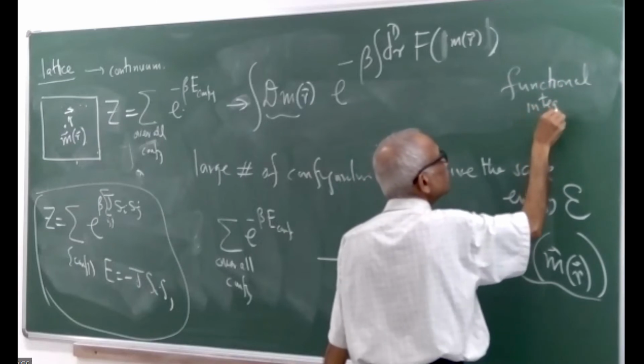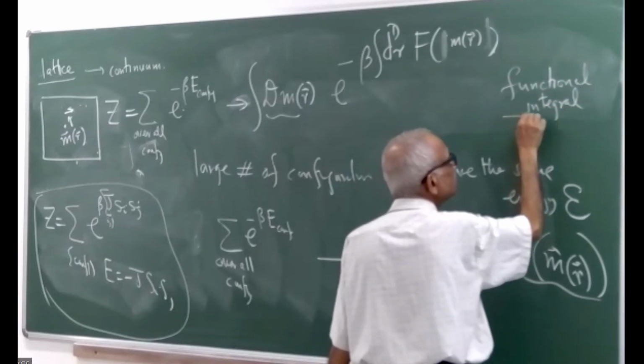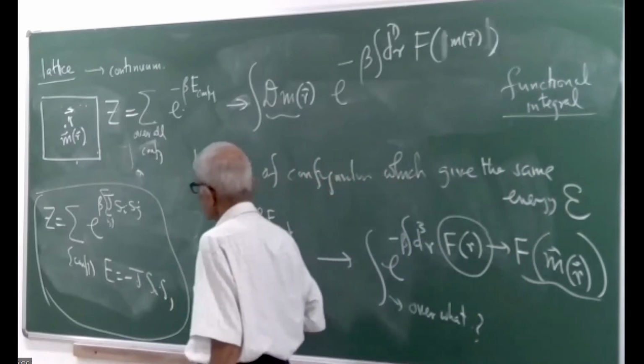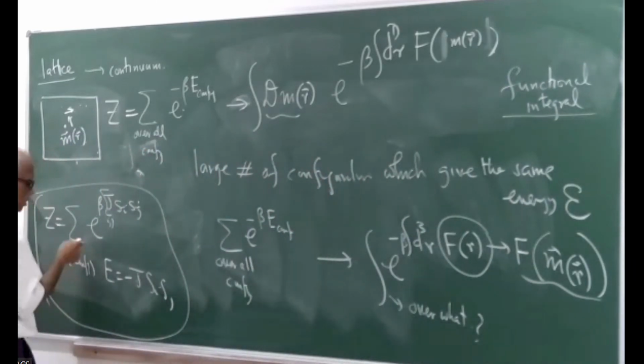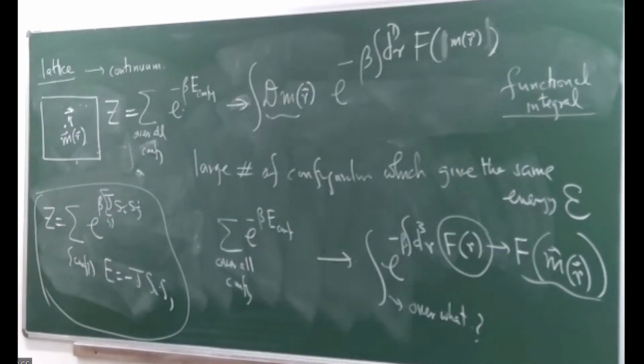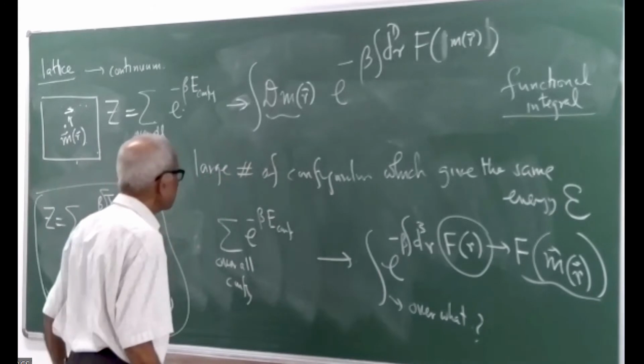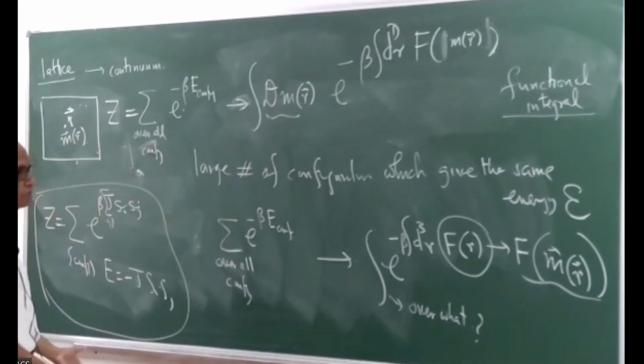It is integration over functions, as opposed to over here, which is a sum over numbers. Here it is a sum over functions, so it is called a functional integral. So this is the setup.